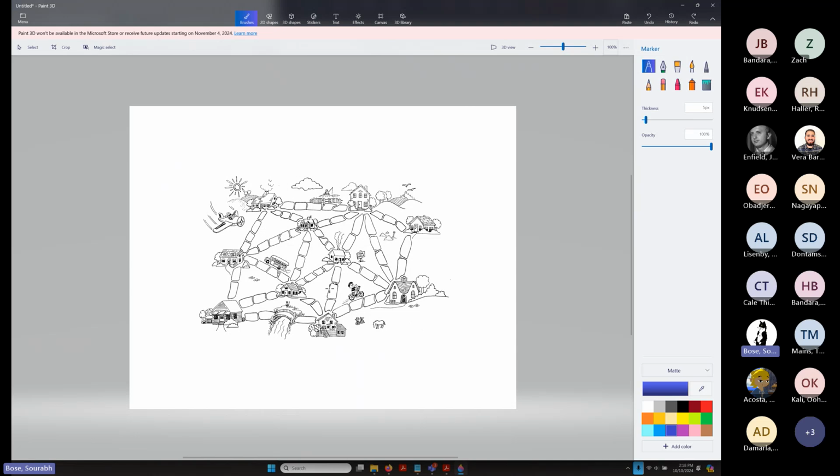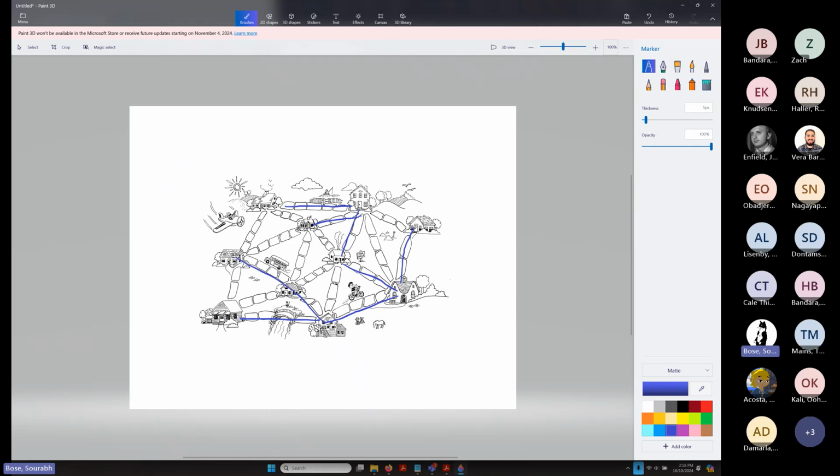It might be a weird long distance connectivity to the entire thing, but as long as the entire village is connected, so you are not making this into a disjoint graph, then that's fine. So for example, you can say let's maintain this road, this road, this road, and from here we maintain this road, this road, and from here this road, this one. Oh, this one looks nice, so this one. And for here we maintain this road.